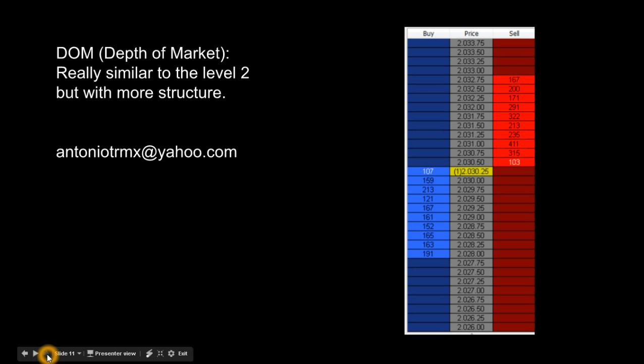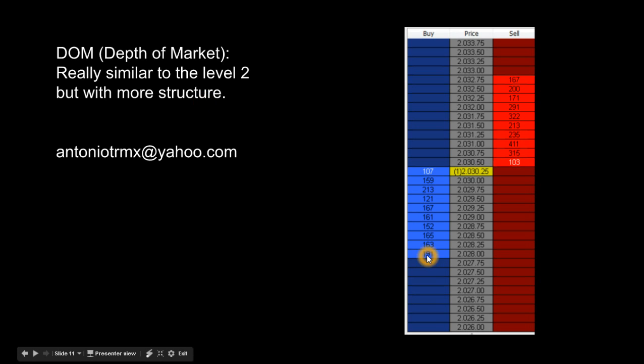So this is another tool, and it's the same as level 2: all the limit orders with the price and the last price. This is used in the futures market more than the stock market, and it's called depth of market, the DOM. It's really similar to level 2 but with more structure, and maybe you'll understand this tool better.